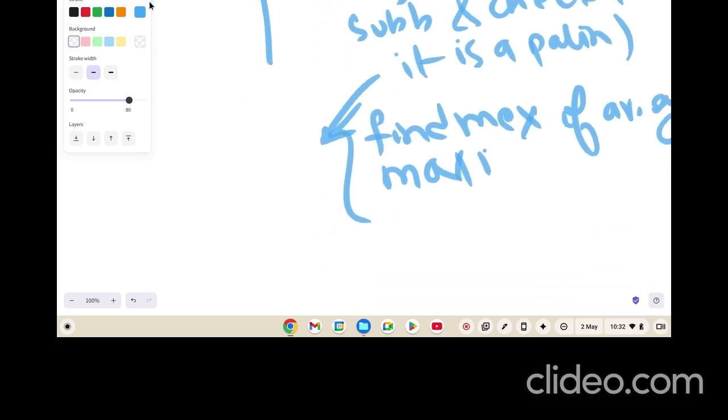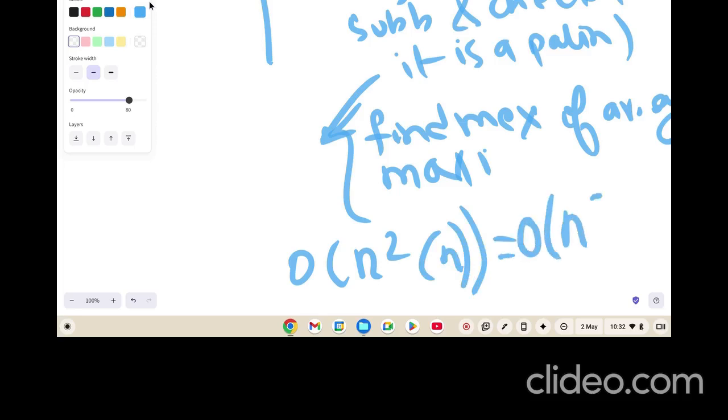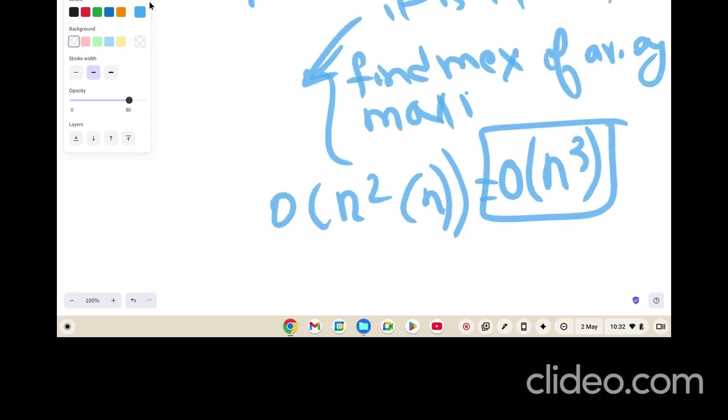So trying out every possible subarray is big O of n square, and finding the max of the given subarray is big O of n. So ultimately it becomes a big O of n cube solution, and this will definitely give you a TLE, right?